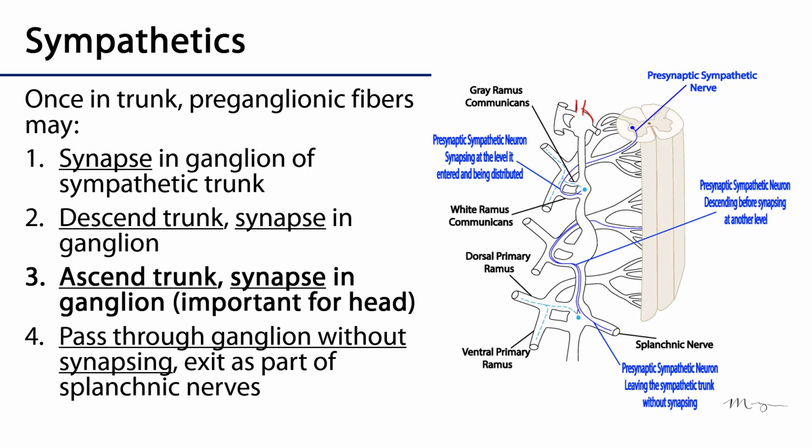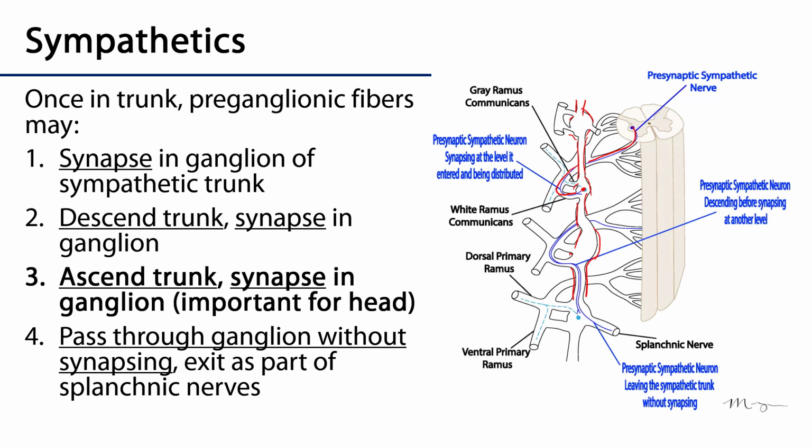So there's trunk, ganglion, trunk, ganglion, trunk, ganglion, more trunk, etc. So we'll have one of these on either side of the vertebral column. Once that presynaptic fiber gets to the trunk, there are a few things that can happen.